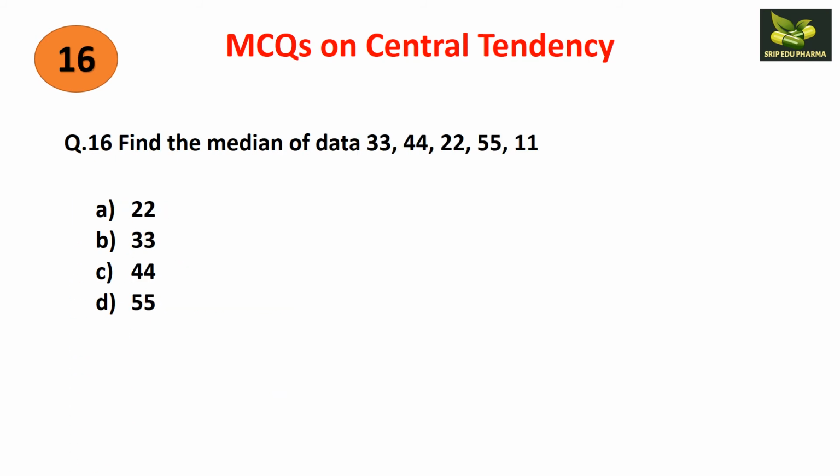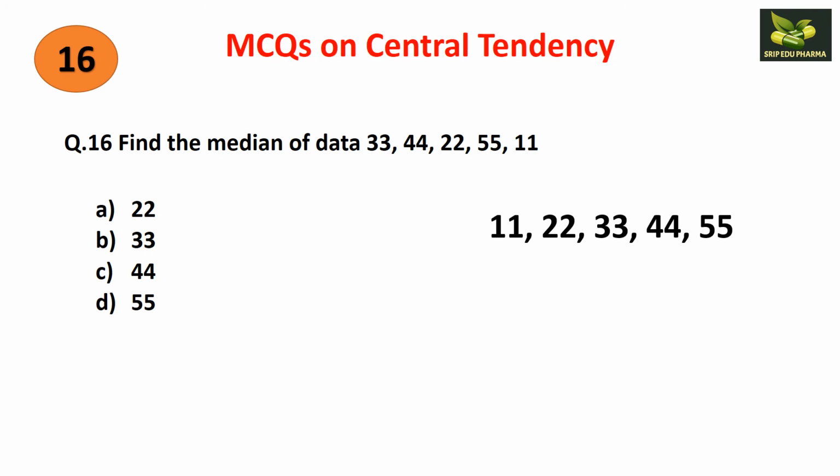Find the median of data 33, 44, 22, 55 or 11. Here answer will be A is 22, B 33, C 44 or D 55. So for calculating median, first of all we have to arrange the data in lowest to highest order, that is ascending order.